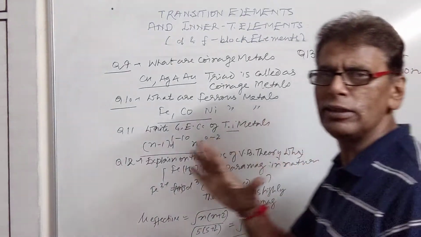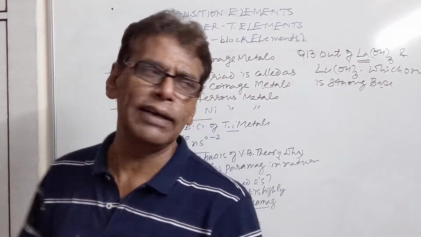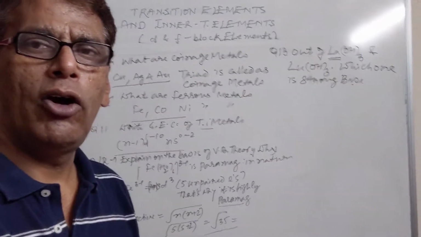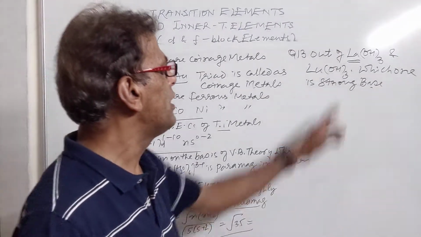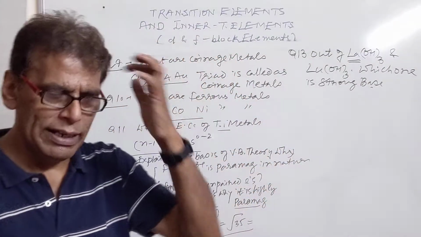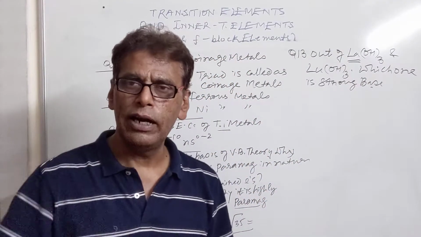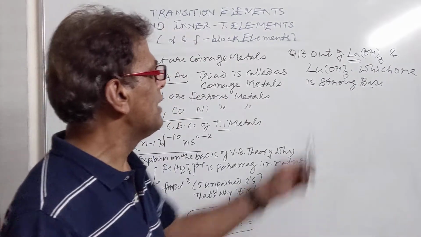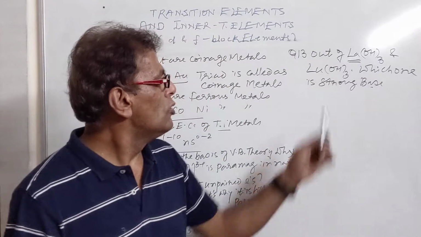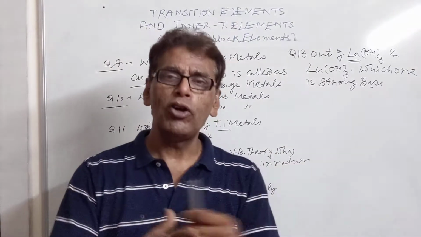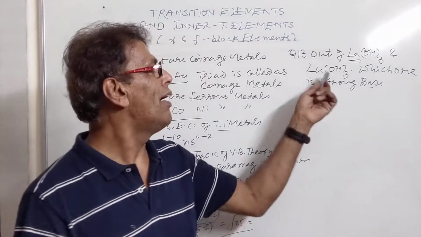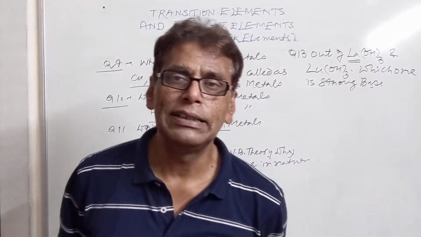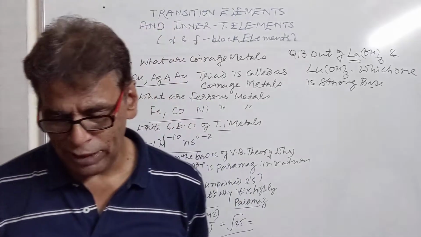The size of Lu is smaller than the size of lanthanum. Therefore, whenever lanthanum hydroxide is put in water, it immediately produces OH negative ions, so it is a strong base. In the case of lutetium, the size is small, so it has strong bonding with the OH group. Therefore, it will not easily liberate OH ions in the aqueous medium. That's why it is a weak base.